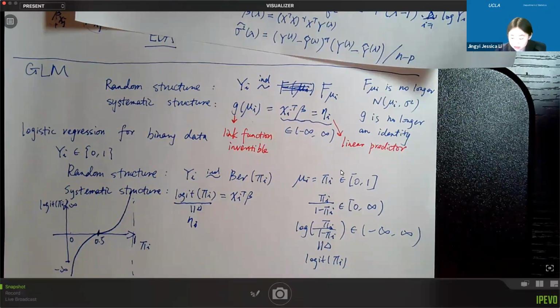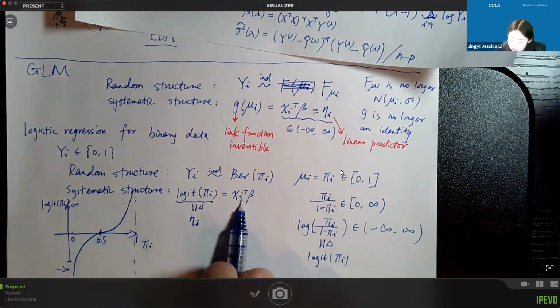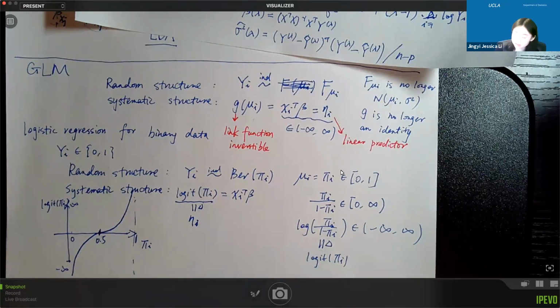Okay, so this is the logistic regression for binary data. Then how do we consider the effect beta j? This is very important regarding the inference and interpretation. So we know that logit pi i, or let me write it out, log of pi i over 1 minus pi i is equal to x i transpose beta, right? I can also write it out as the sum over j from 1 to p of x ij times beta j in the scalar form.